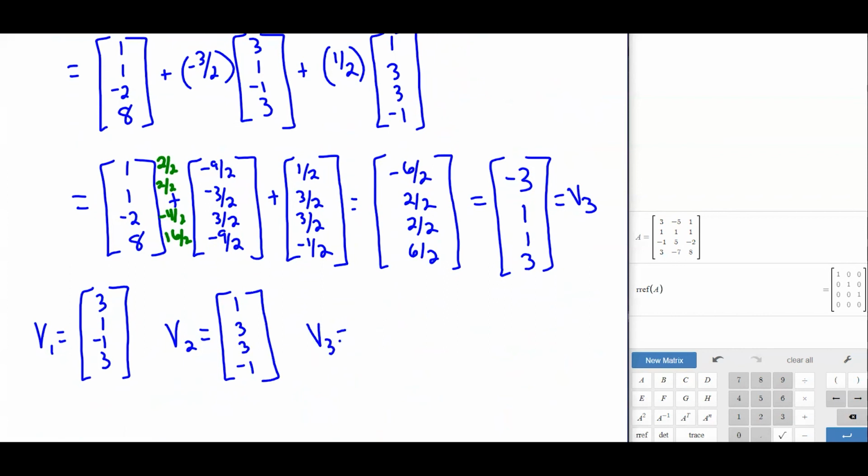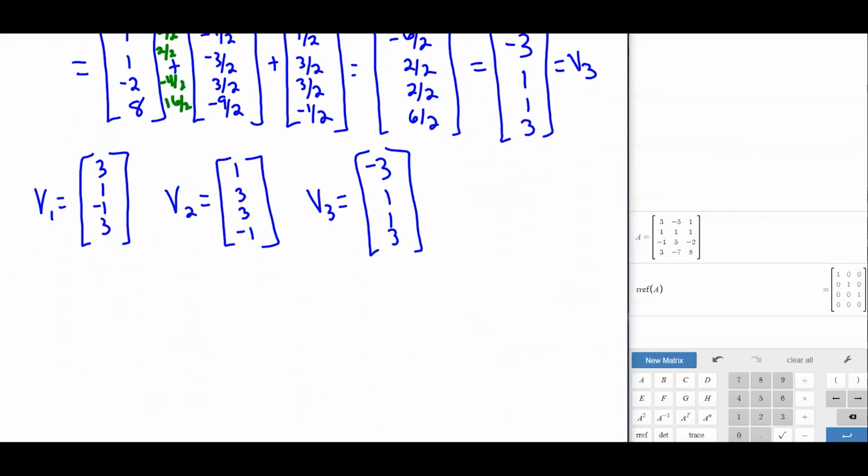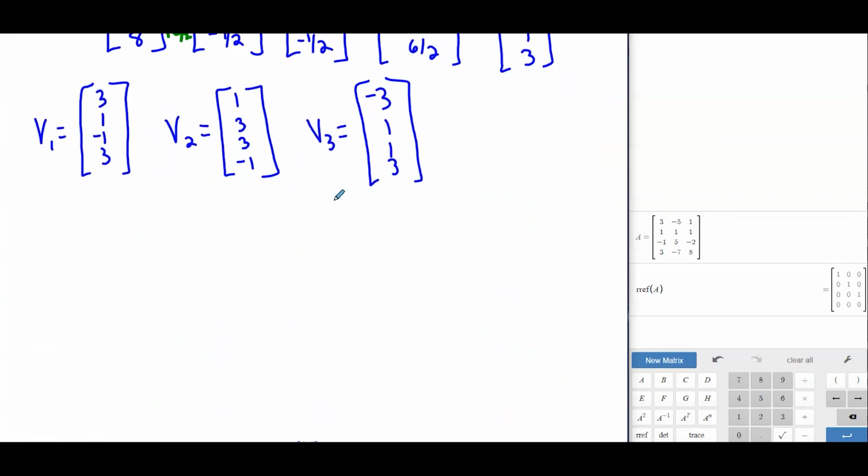And v3 is negative 3, 1, 1, 3. So what we need to check now is to see if these are orthogonal to each other and make sure that they're all in the same subspace so that when we span them, we're going to get the same set.